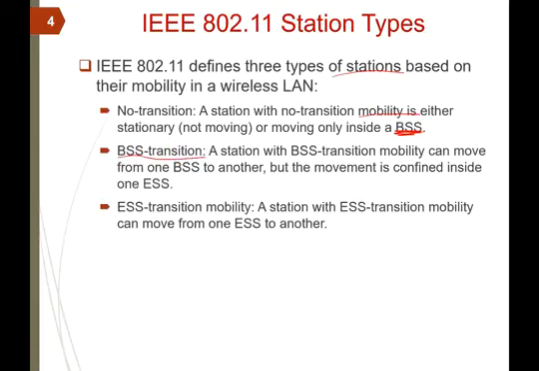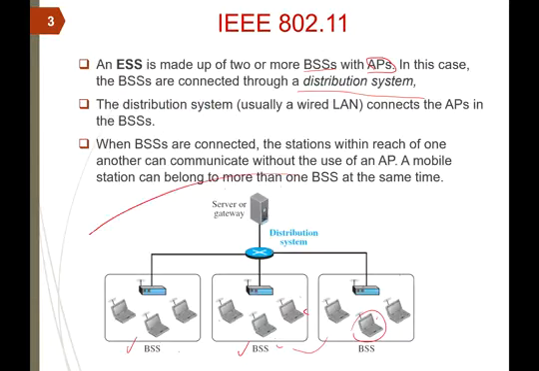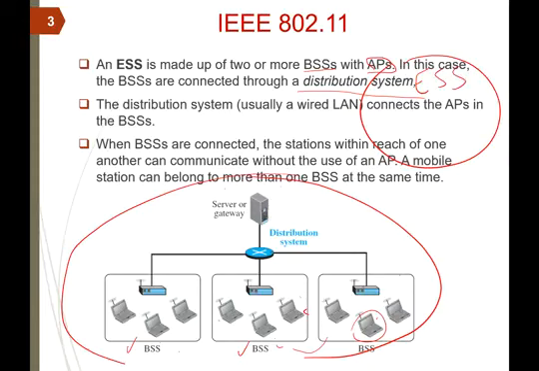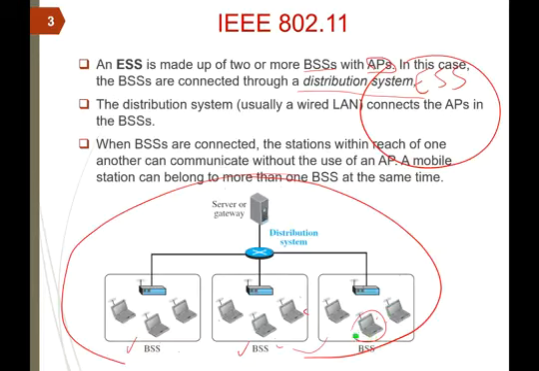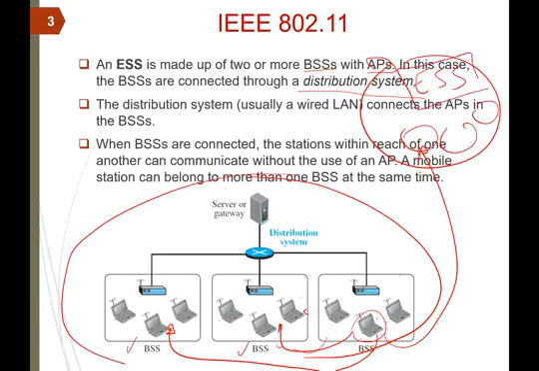If you have BSS transition, a station with BSS transition mobility can move from one BSS to another, but the movement is confined inside one ESS. So this is one ESS, and you may have another ESS. The station can move from this BSS to this BSS, or from this BSS to this BSS, but it cannot move from this BSS to another BSS in another ESS.